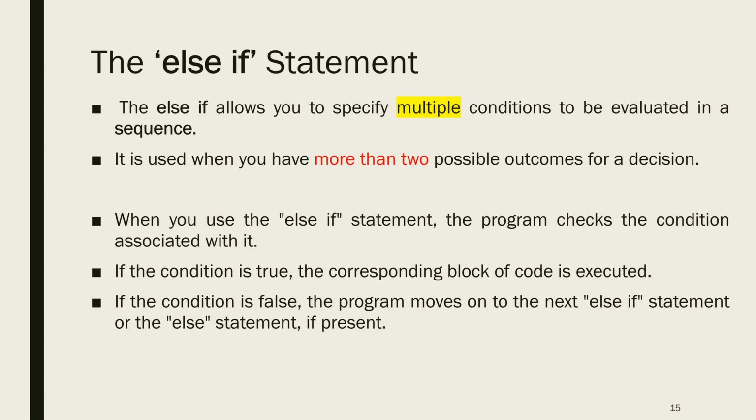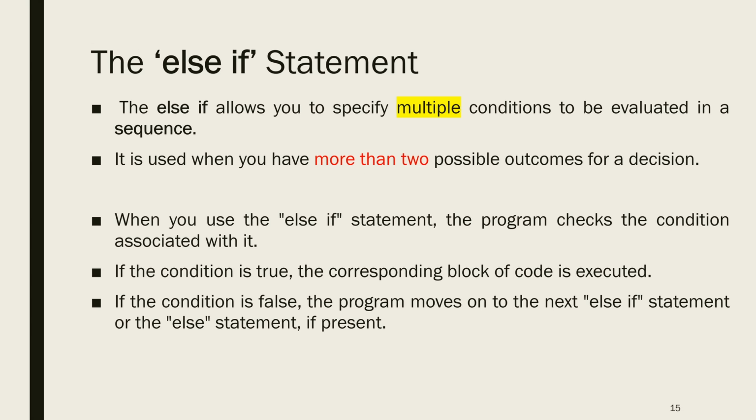But if you have more than 2 possible outcomes, right? So in this case, you have more than 2 specific conditions that you want to check. Then we use the else if statement. You still have your if statement. And then remember we said you have more than 2, right? So this is your first condition.